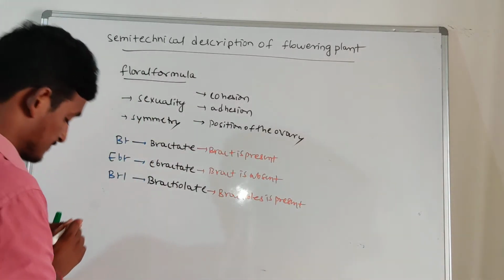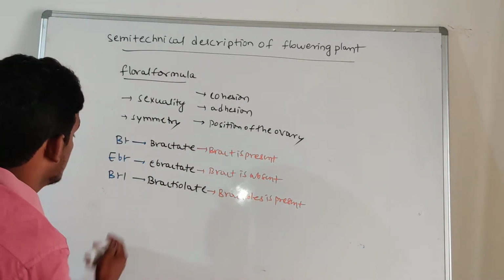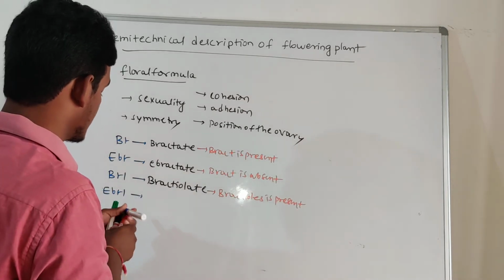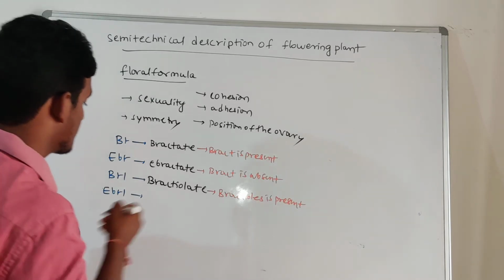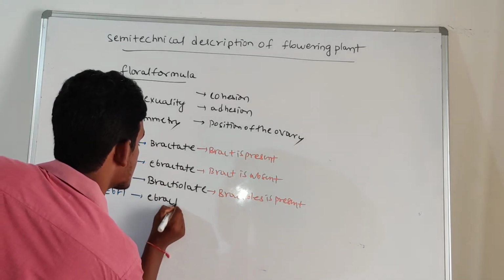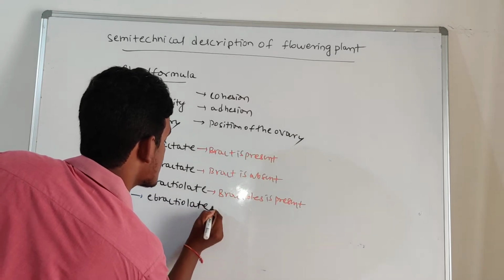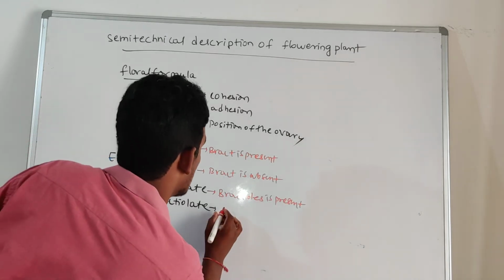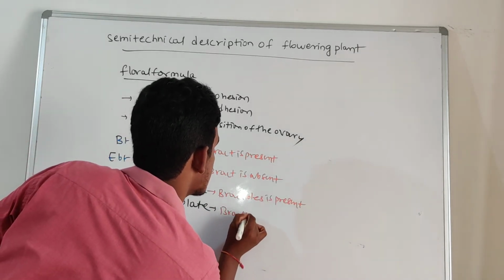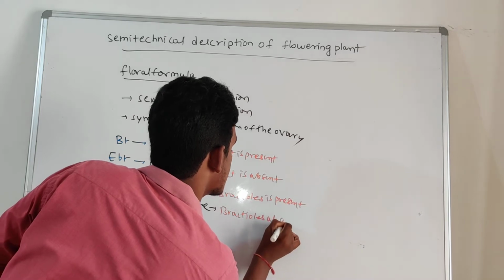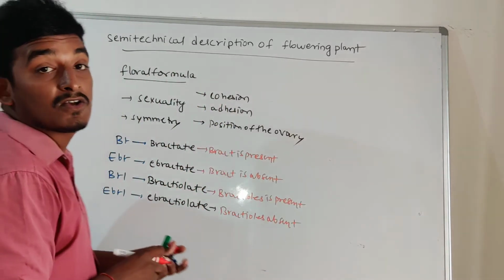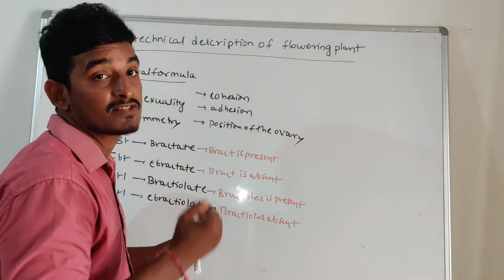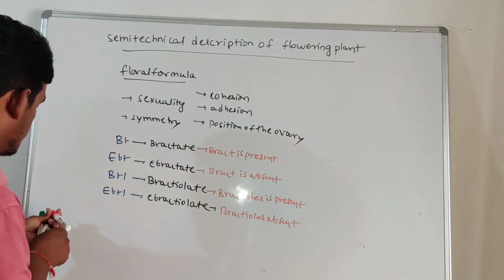Later EBRL. EBRL stands for ebracteolate. Ebracteolate means bracteoles are absent. Later, whether it is a unisexual flower or a bisexual flower.